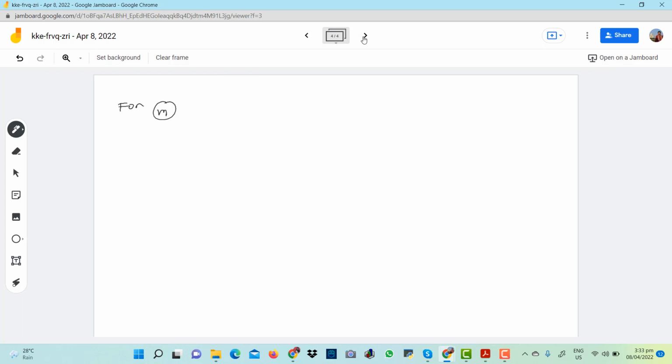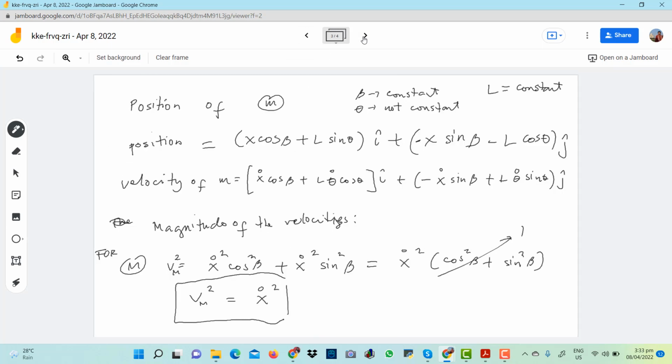For small m, V squared is equal to, take note, I have a binomial expression of my horizontal component, and also a binomial expression of my vertical component.